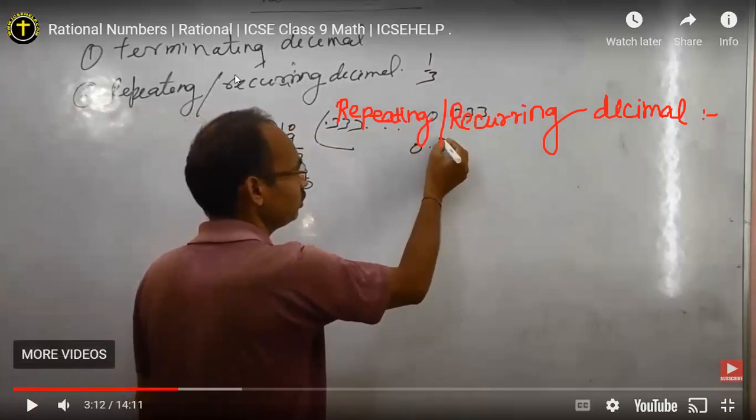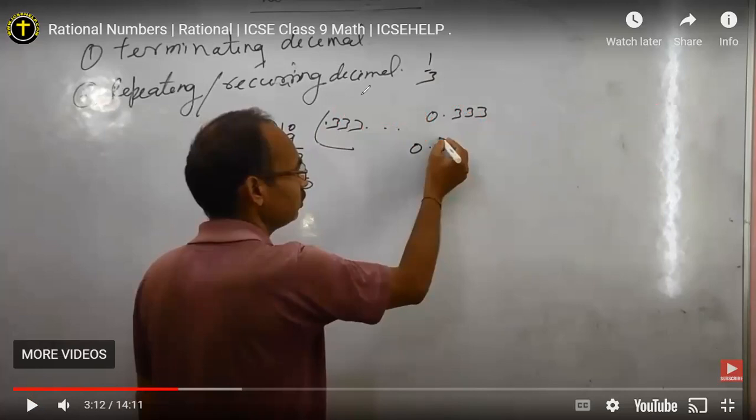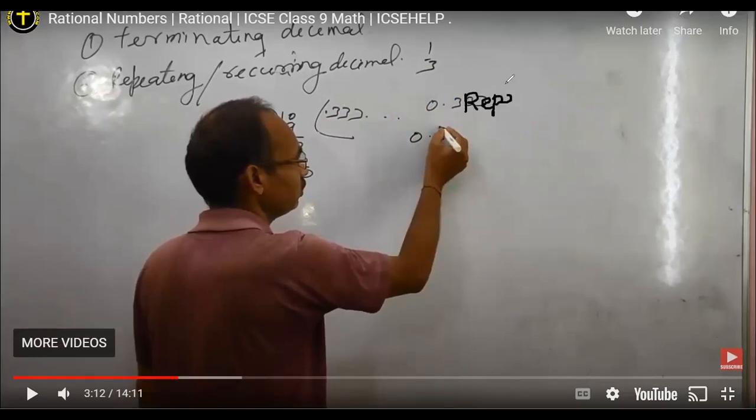See what he's trying to say. A recurring or repeating decimal is one where the decimal number repeats forever.